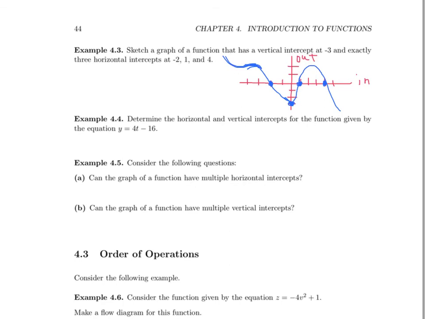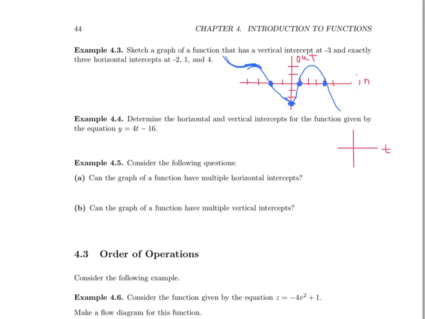If we were to consider what the graph of this function might look like, we would begin by drawing the axes like this. Now, in this particular case, the horizontal axis represents the input and therefore would be represented by the letter t.